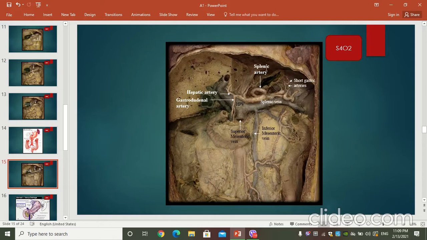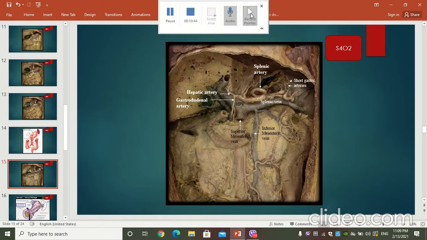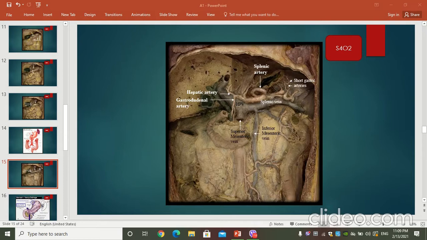This is again the splenic artery, and this is the splenic vein, which is situated behind the pancreas, forming the portal vein. This is the splenic vein. This is the superior mesenteric vein, and this is the inferior mesenteric vein. Collectively, they form what's called the portal vein.